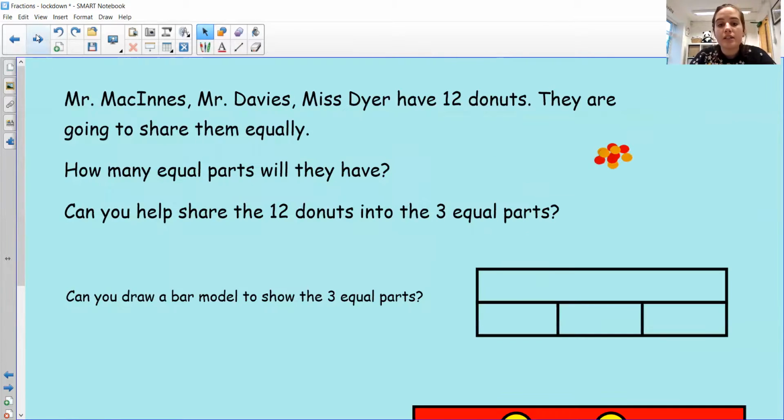Okay, there are additional challenges if you want to. So you've got some word problems here. And like we were working through yesterday in our quarters, you've got these to do with your sweets or raisins or whatever you're using at home. Or you could use any items really, or you could draw it into a bar model.